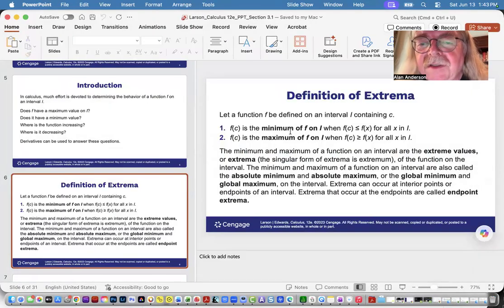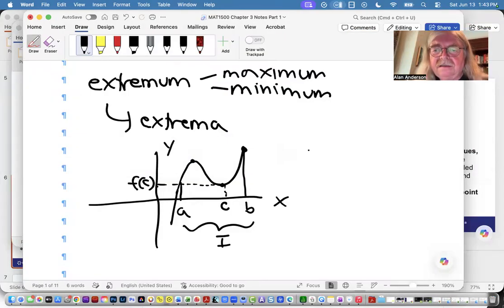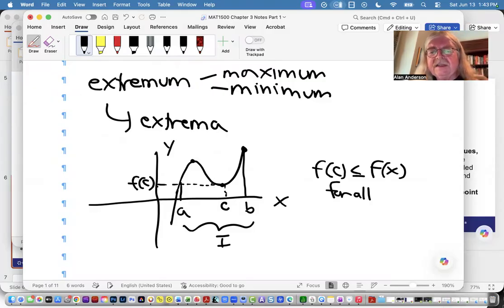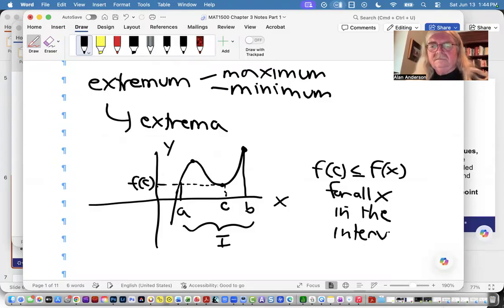And so this is known as a minimum on the interval I when f of c is no more than f of x for all the points in that interval. There can be a tie, but in other words, what we're saying here is that there's no other x in this interval where f of x is less than f of c. And that makes this a minimum.